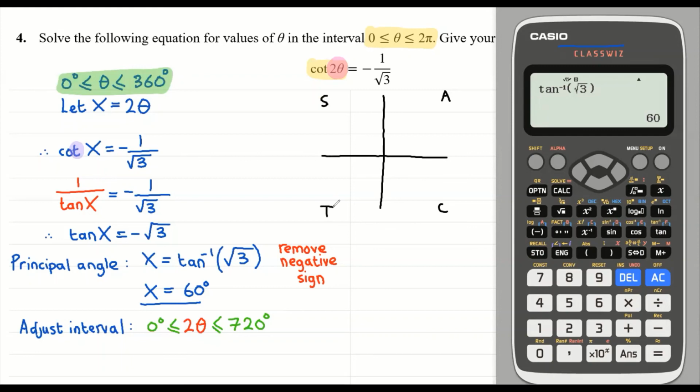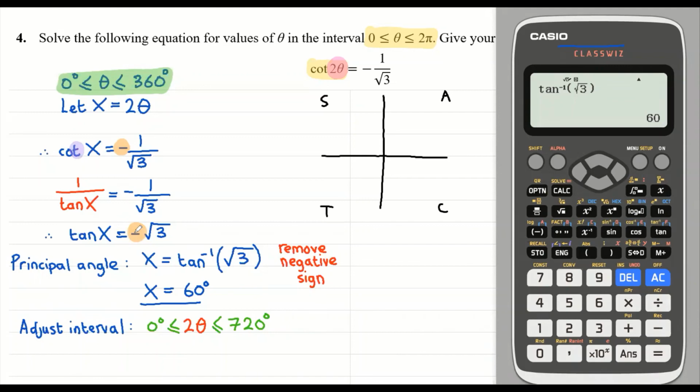All right, and we've got to add our principal angle. Now, again, we've got to be very, very careful about this. The value we were given in the question initially was negative here. And when we changed it to tan, it's still negative. It's the principal angle where we don't use the negative.